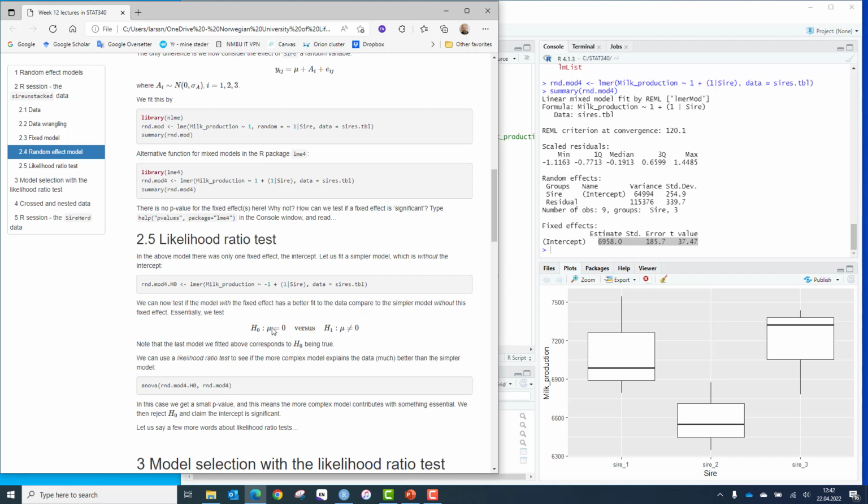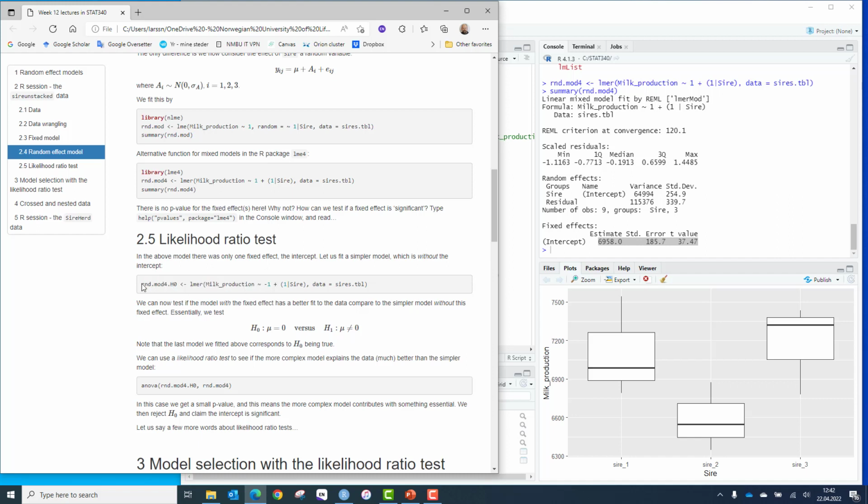In this case, it's the mu from up here. You see the model equation up here. So this one is the critical one now. And then we fit another model where the null hypothesis is actually true. There is no intercept. And that's what I do here in this code.